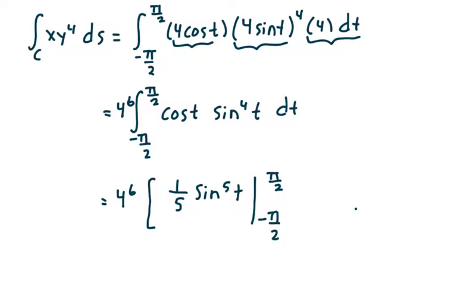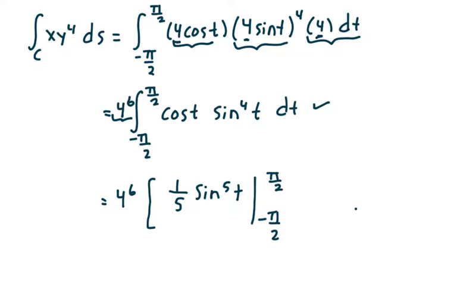Now, let's get to this line. So remember, I have 4 to the fourth times 4 times 4, but that's just 4 to the 6th. So I have 4 to the 6th times the integral from negative pi over 2 to pi over 2 of cosine t times sine to the 4th t dt.